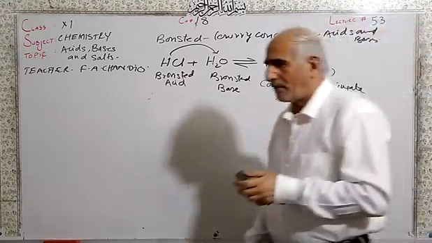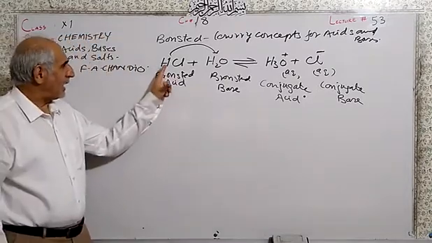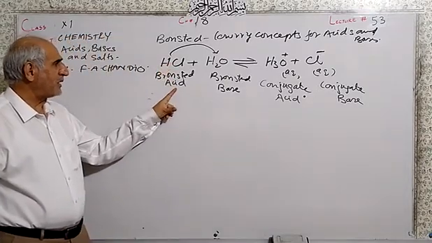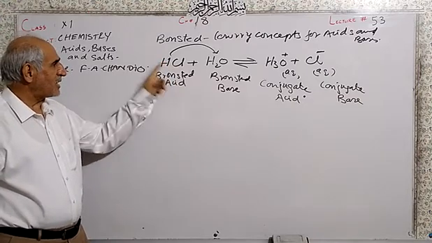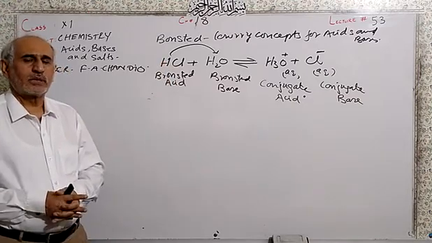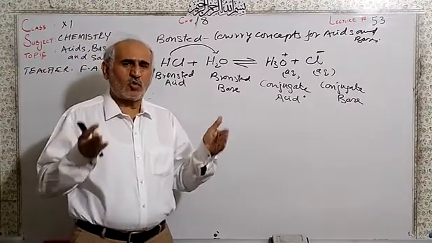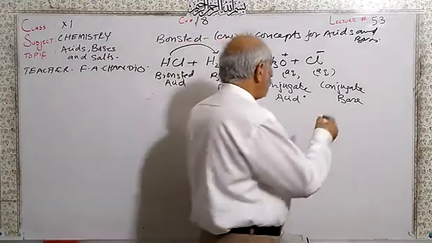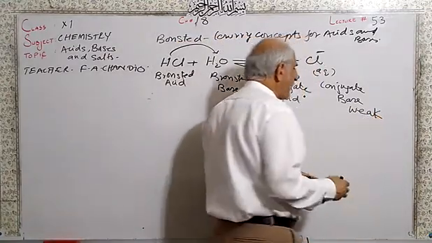And there is one thing: hydrochloric acid, this Bronsted acid, is a strong acid. Strong acids always have weak conjugate bases.